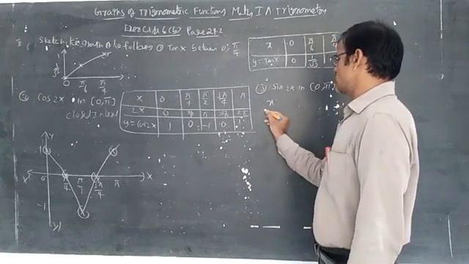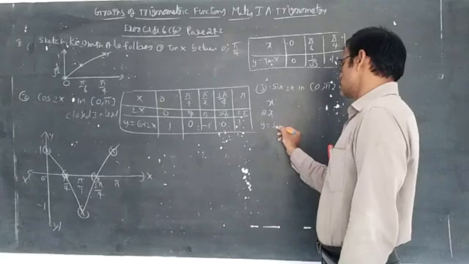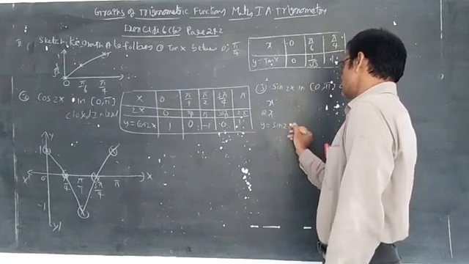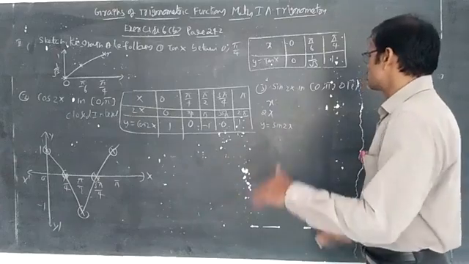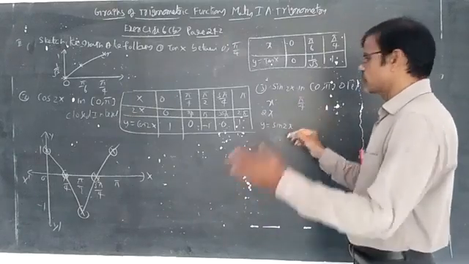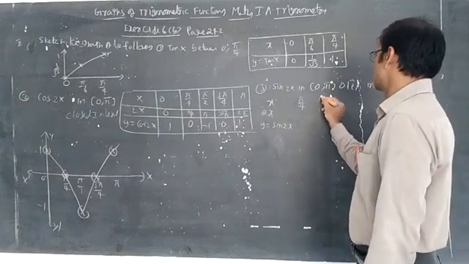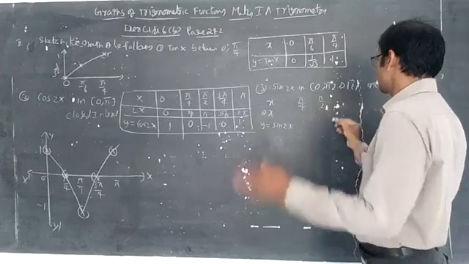So draw the table with x, 2x and y equal to sin 2x. Get the values from the known values. 0 you should not consider, so pi by 4, 45 is a known value. Next pi by 2, and pi you should not consider.